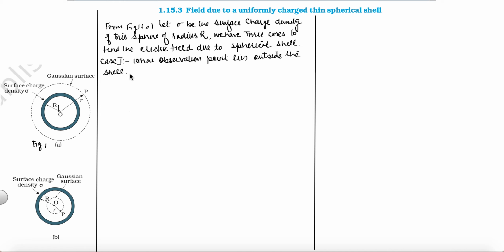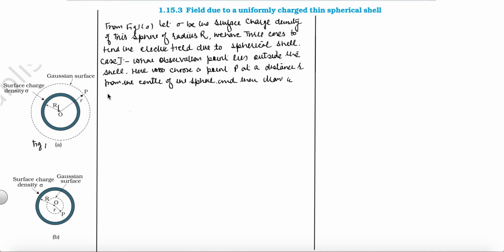Here we choose a point P at a distance small r from the center of the sphere, and then draw a Gaussian surface around it.